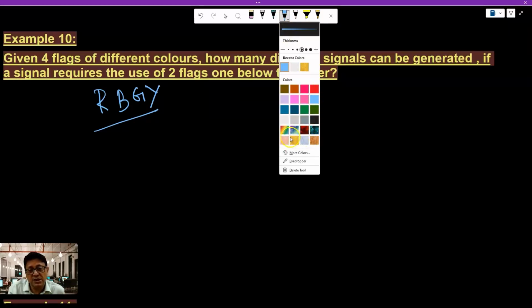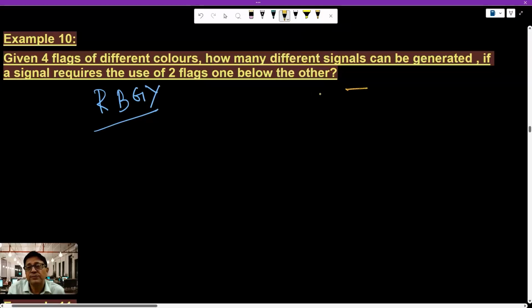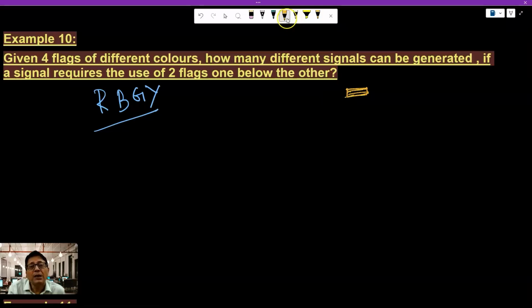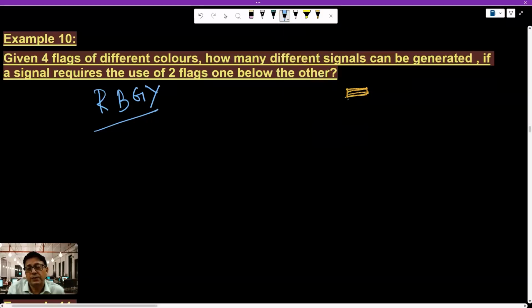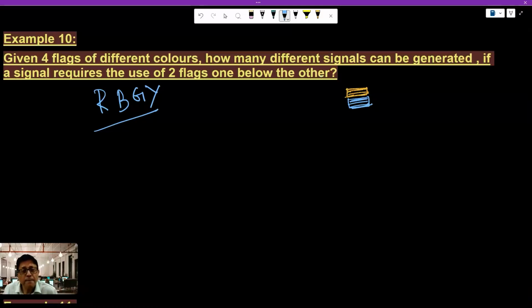One flag yellow, and say the other one is blue, one below the other. This is one combination. Okay. So out of 4, for the first place, in how many ways can I select?